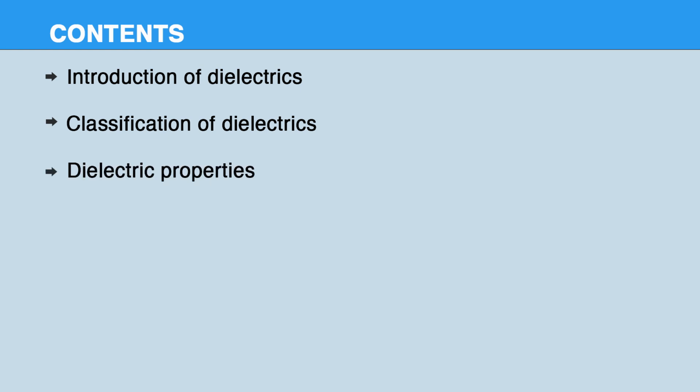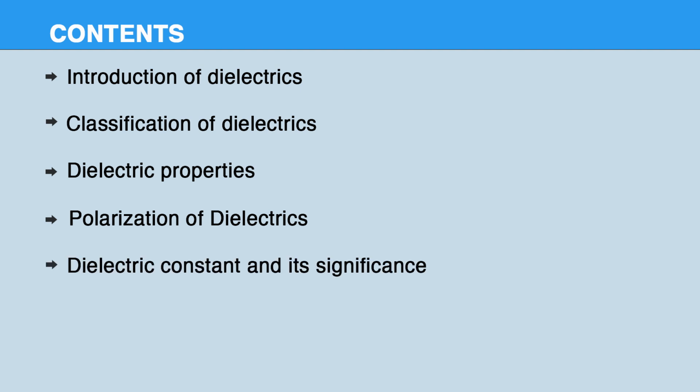Following that, we will discuss dielectric properties. Here, we will look at key properties such as dielectric constant and dielectric strength, and understand how these properties influence the performance of dielectric materials. We will then explore the polarization of dielectrics, different types of polarization mechanisms including electronic, ionic and orientational polarization.